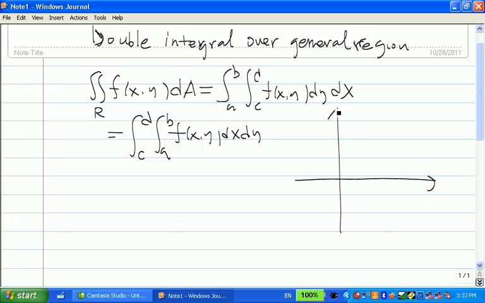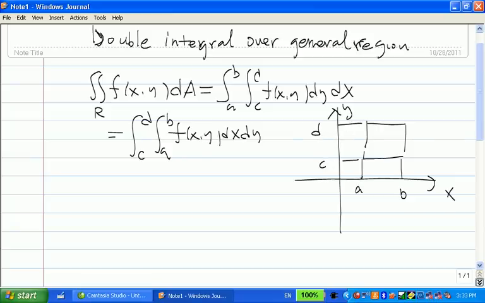In the previous section, our domain, think of this as x and y, is a rectangle. X is from a to b, y is from c to d.